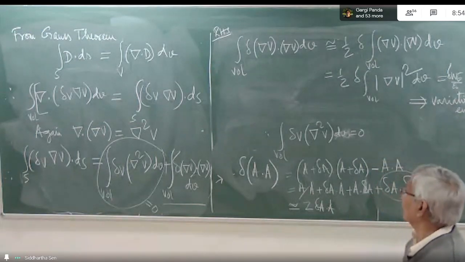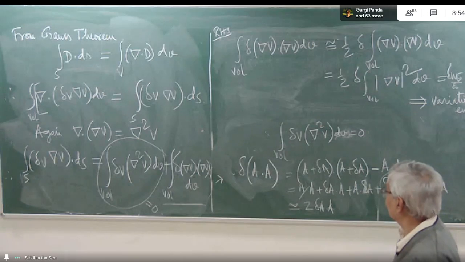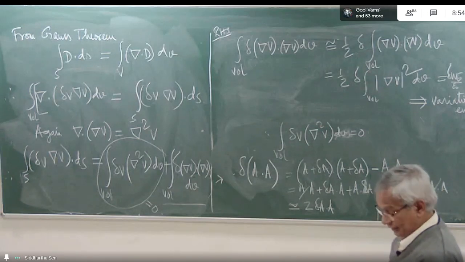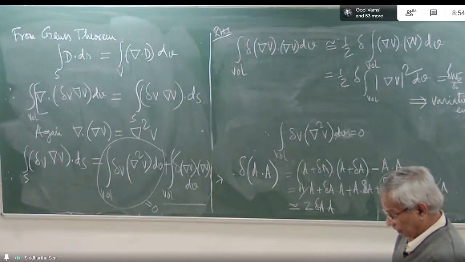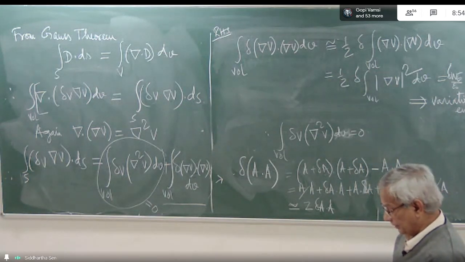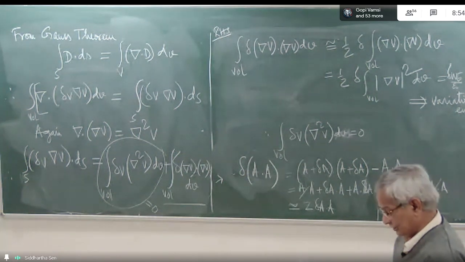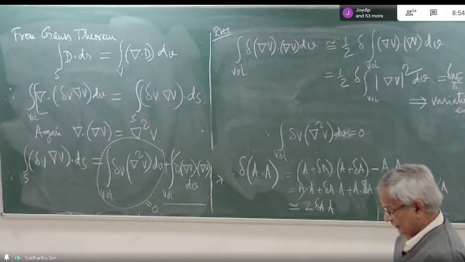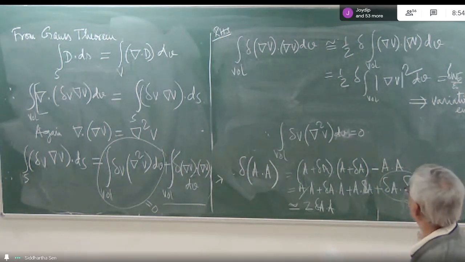So naturally the boundary conditions have to be put, and if we recall, the statement was that Laplace equation with appropriate boundary conditions, either Dirichlet or Neumann, satisfies the minimum energy behavior.